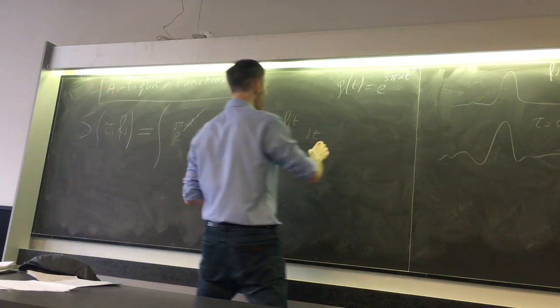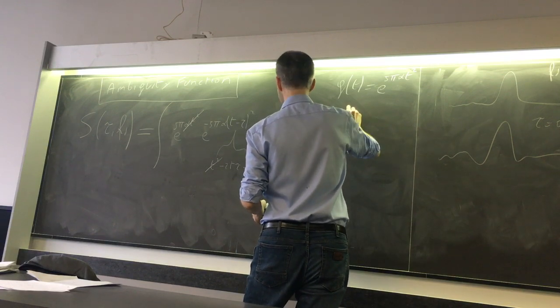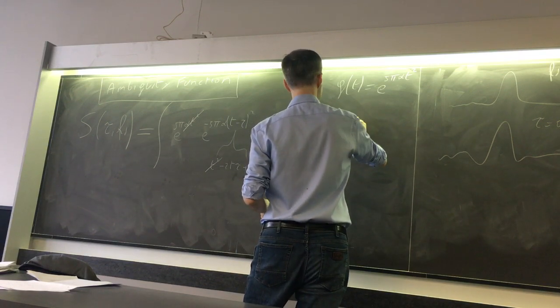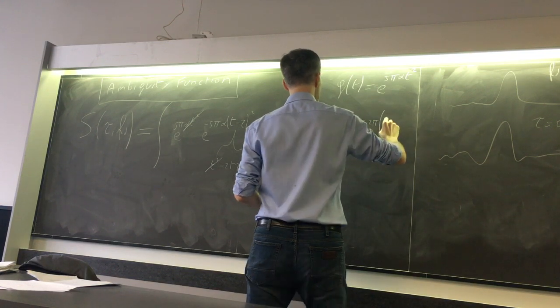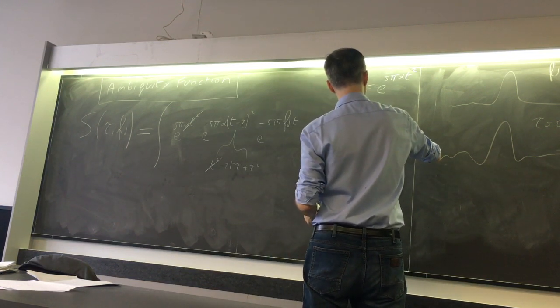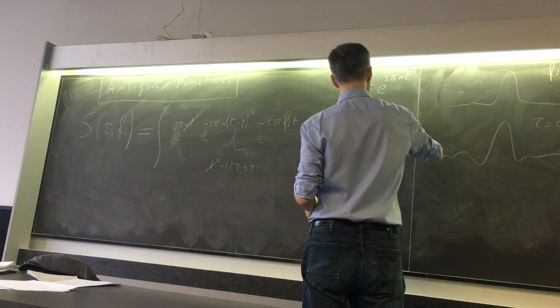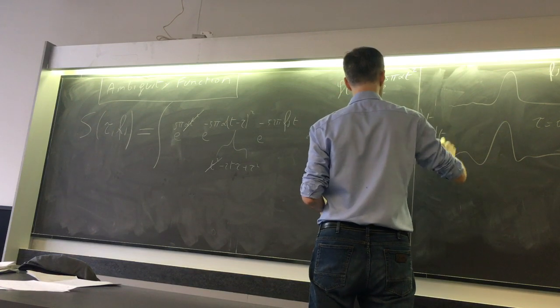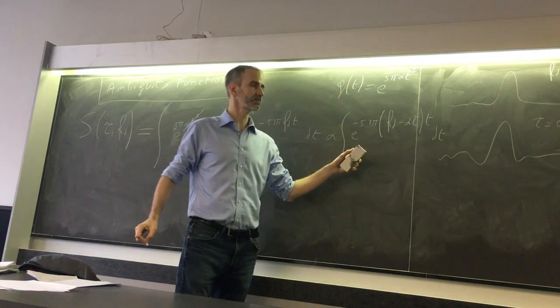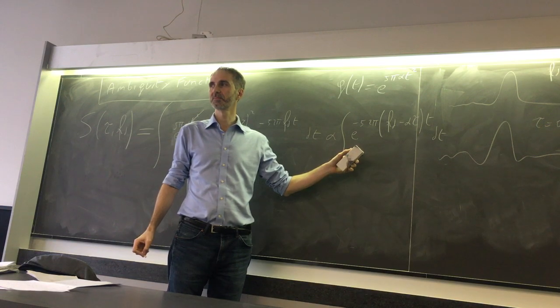And so you end up by integrating these expressions. So fd minus alpha times tau times 2. Okay.